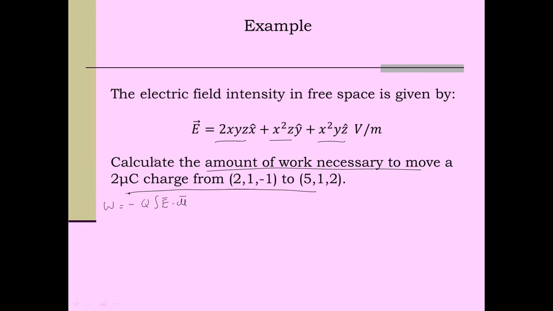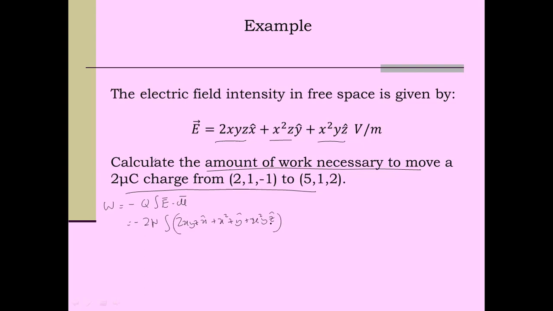For this example, the charge is negative 2 microcoulomb. The E field is defined to be 2xyz in the direction of x, plus x squared z in the direction of y, plus x squared y in the direction of z.